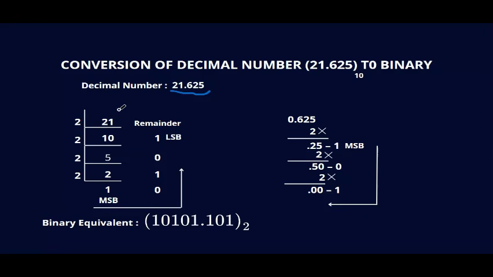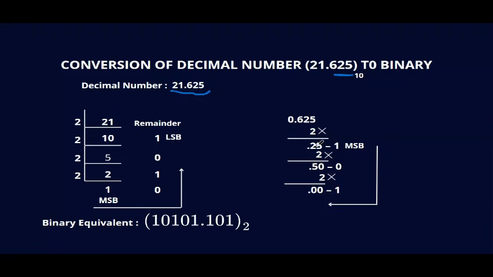So first of all, we take the integer 21 and divide it successively by the base 2 of the binary system. We have seen this previously. Next, we take the fractional part 0.625. For that, we successively multiply by the base 2. So 0.625 into 2 is 1.25, and we take the integer part of the product to the right side.